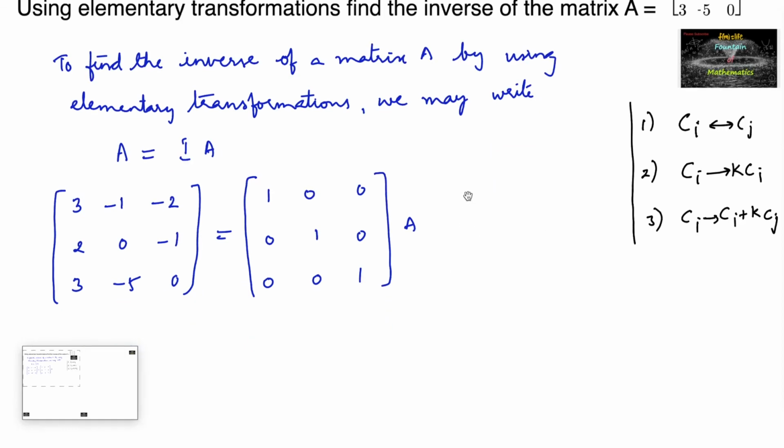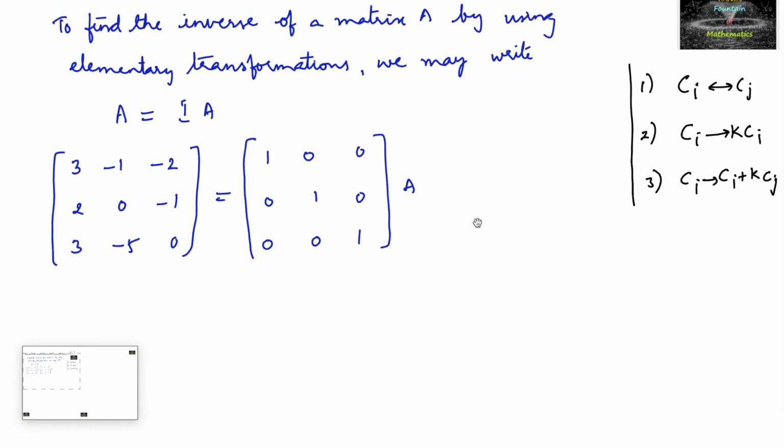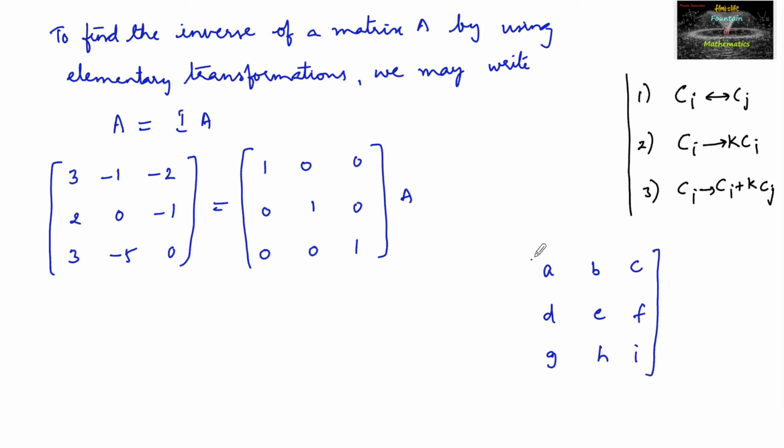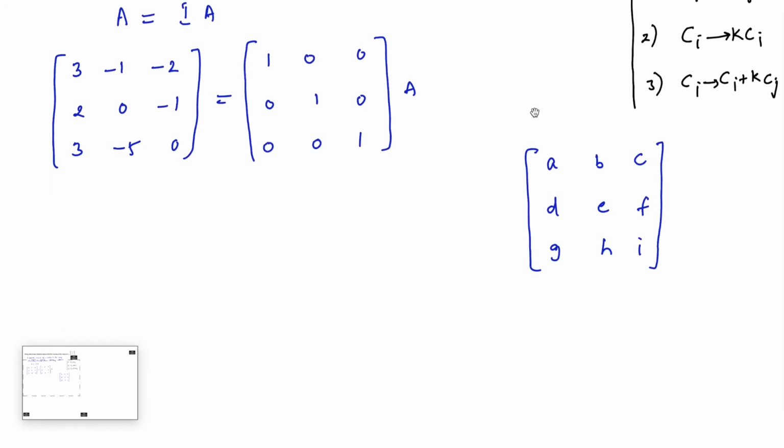And as we have discussed in row transformation, the method to solve easily, similarly for the column transformation also, you should remember, if a matrix is given A, B, C, D, E, F, G, H and I, there is a sequence of solving the problem easily.